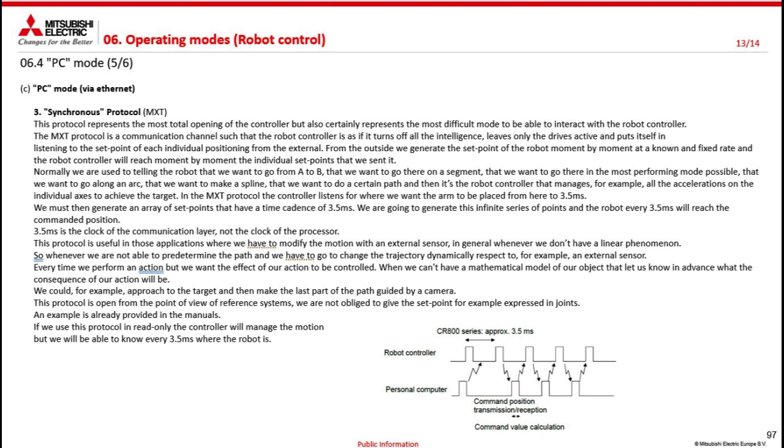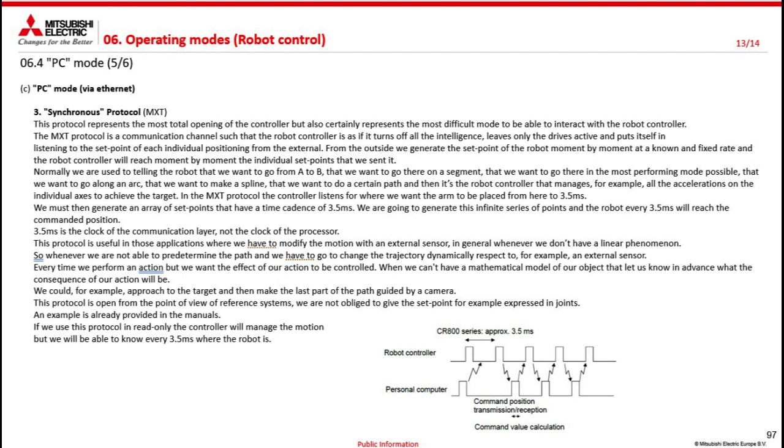Every time we perform an action, but we want the effect of our action to be controlled, when we cannot have a mathematical model of our object, which lets us know the consequence of our action. We could, for example, get closer to the target and then follow the last part of the journey guided by a camera. This protocol is open from the point of view of the reference system.